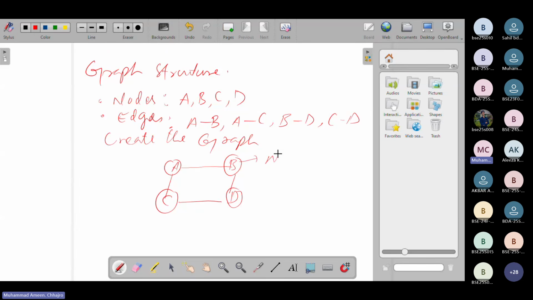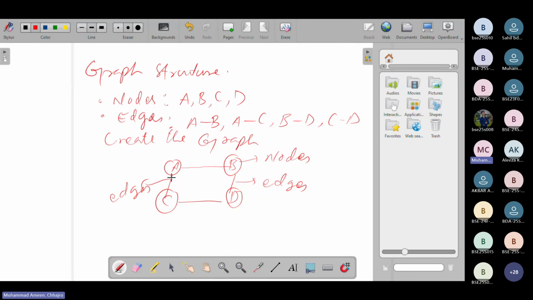These are called nodes of the graph, and the links through which these nodes are connected, we call them edges. So these are the edges, these are the edges, and these are nodes. So this is the simple graph data structure.